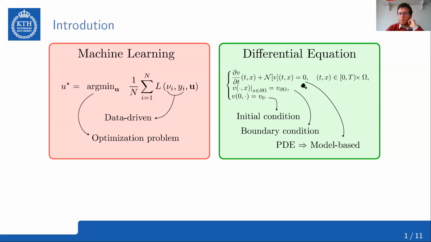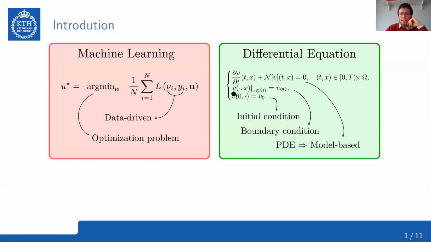We want this to be equal to 0 for every t and x inside the domain. t is usually the time, so it belongs to 0 and capital T, and omega here is a spatial domain, usually a closed subset of Rn.